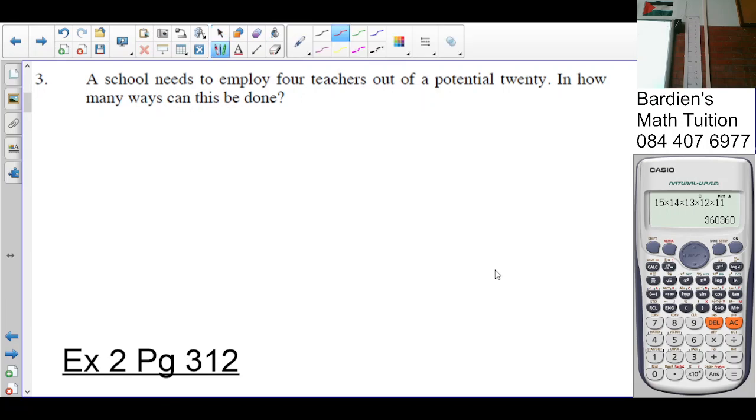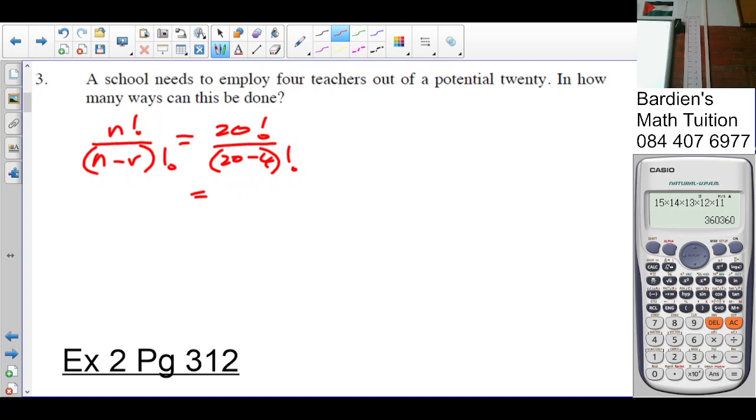So again, this is one of the cases, it's n factorial over n minus r factorial. So it's 20 people to choose from, and there are only 4 placements. So it's 20 minus 4. So of course 16 of them won't be placed. They won't get the job. So it's going to be 20 factorial over 20 minus 4 factorial.